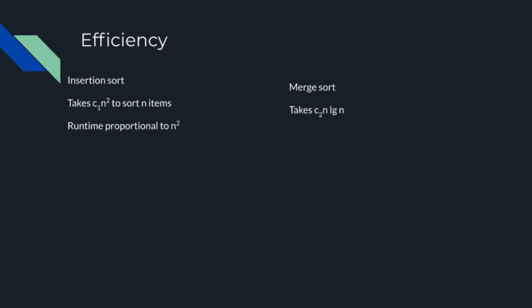The first, known as insertion sort, takes time roughly equal to C1 times n squared to sort n items, where C1 is a constant that does not depend on n. That is, it takes time roughly proportional to n squared. The second, merge sort, takes time roughly equal to C2 n log n, where log n stands for log base 2 of n, and C2 is another constant that also does not depend on n.